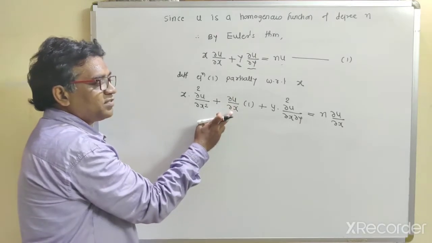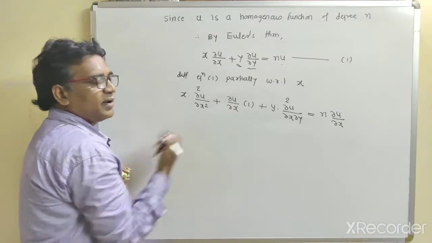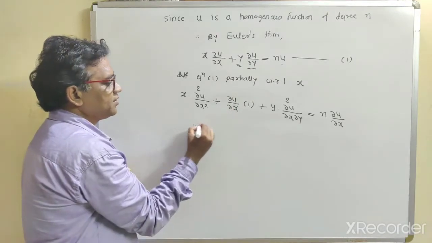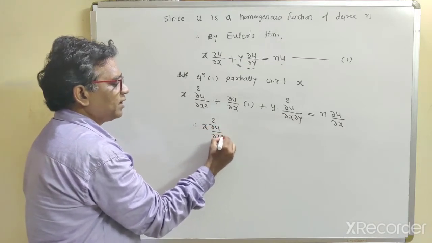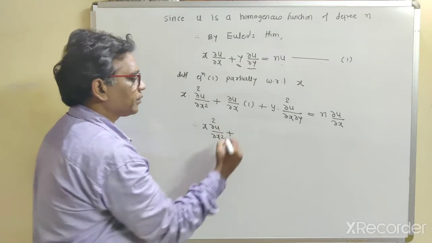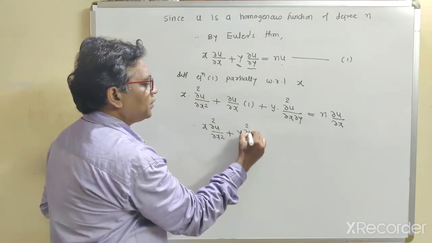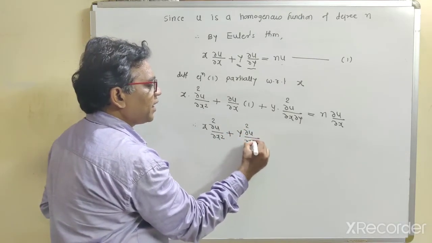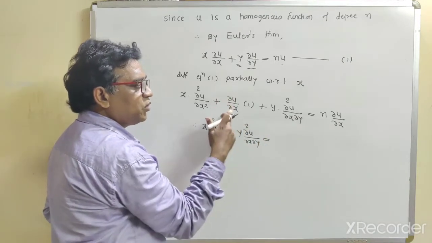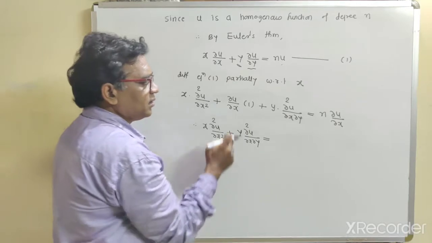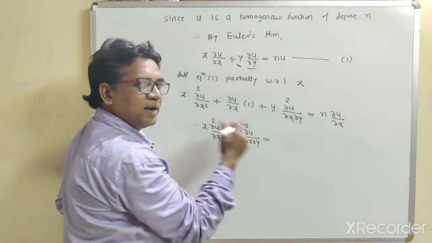Now transfer this del u by del x to the right hand side. So this is x into del square u by del x square plus y into del square u by del x del y is equal to, now if we transfer this del u by del x to the right hand side, then just take del u by del x common.